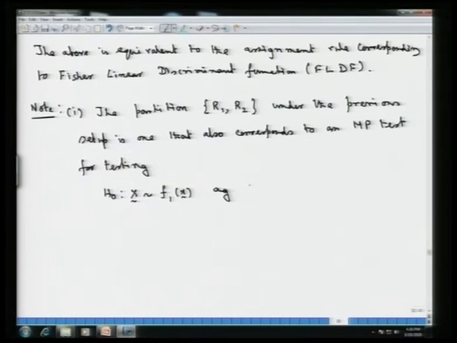This is to be tested against an alternate hypothesis, say HA, that x is following f2(x).